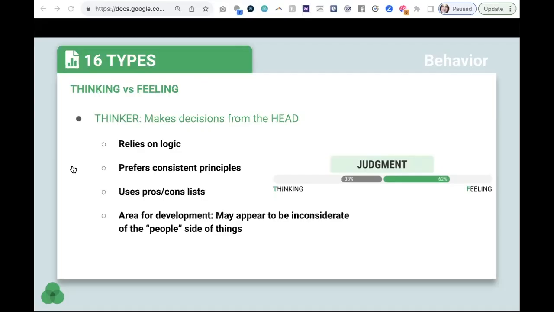So everybody here, I'm sure, has seen the iceberg visual where a lot of our behavior is unconscious. It's below the surface. It's not that you're setting out to be inconsiderate. It's that you're so hyper focused on some of the logic-based information to help inform the decision that people may perceive it as being inconsiderate, right? And it's not because you are intending to be inconsiderate.